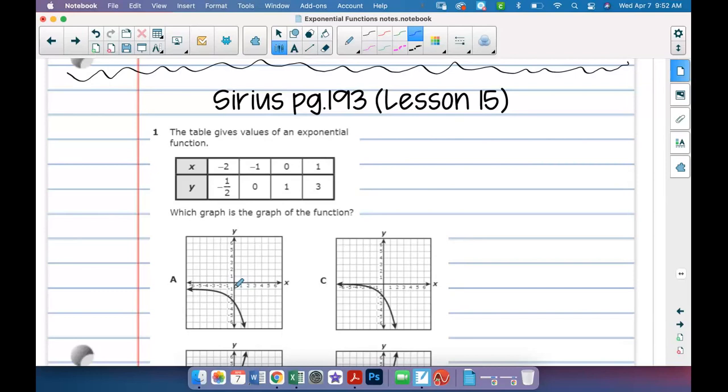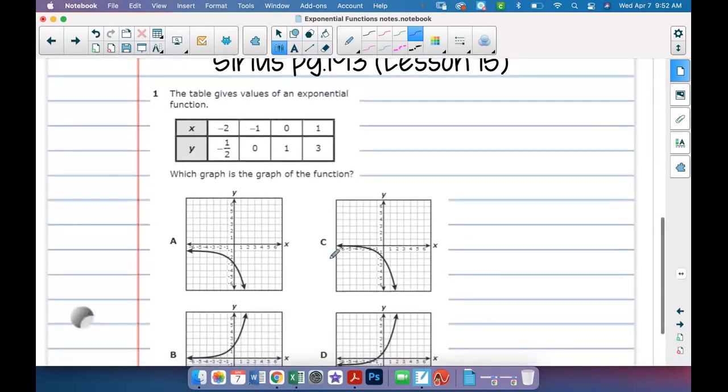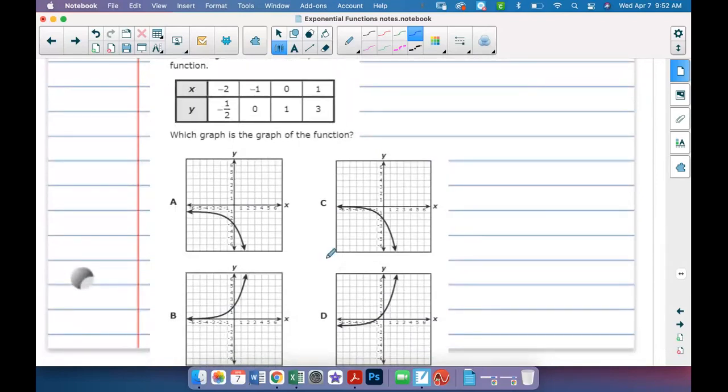Okay, so number one says the table gives values of an exponential function. Which graph is the graph of the function? So here you could graph the table and then see how the graph looks in your graphing calculator. Or you could just pick a point and then graph it and see if it lands on the graph.